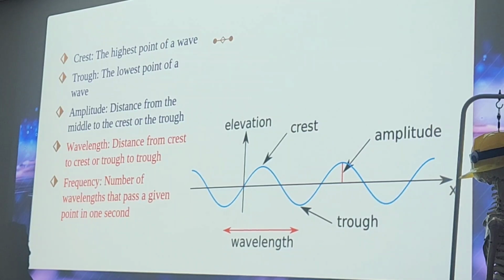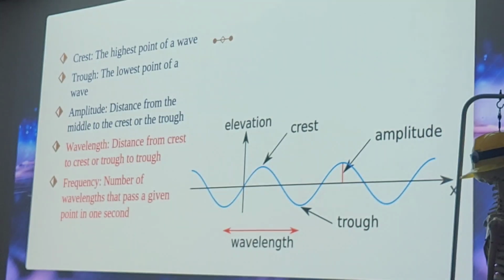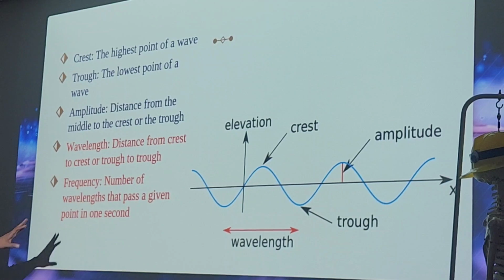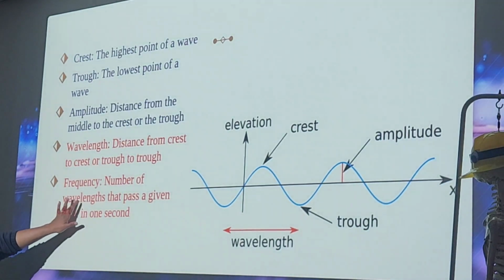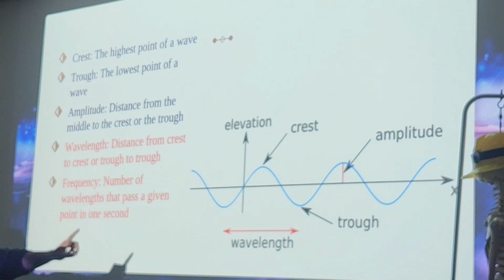Would you ask what is the frequency of the crest? Because it can also be a trough, like the distance from trough to trough. No, I would ask the frequency of wavelengths. But the wavelength can be from crest to crest or trough to trough, right? Yes.